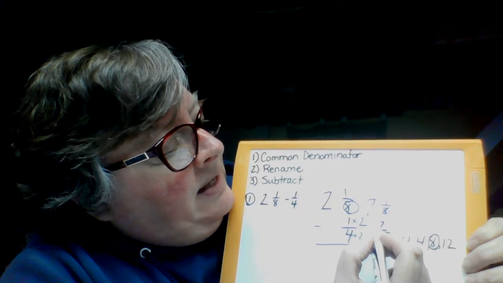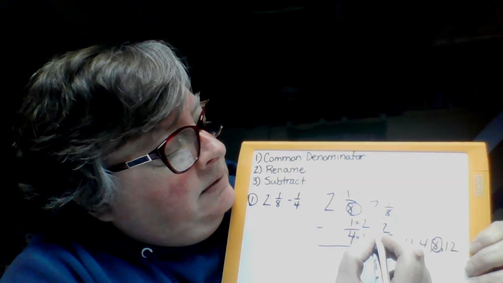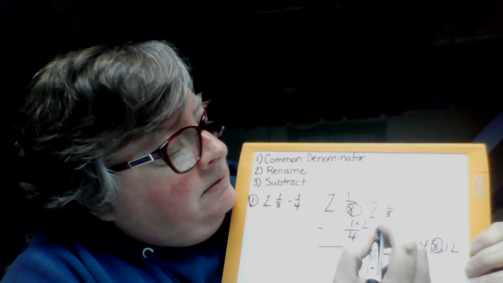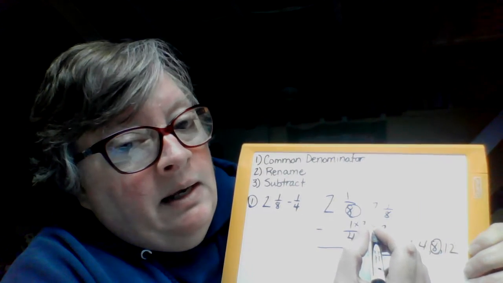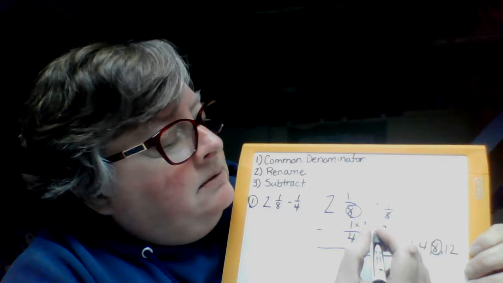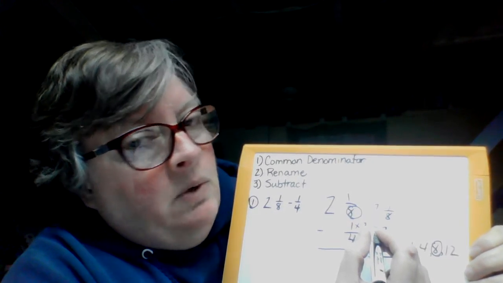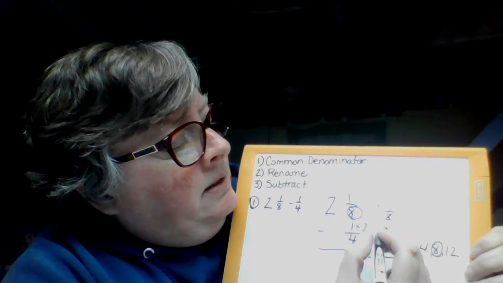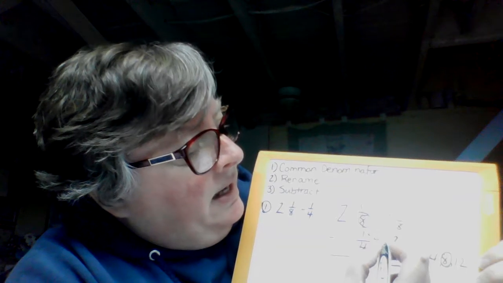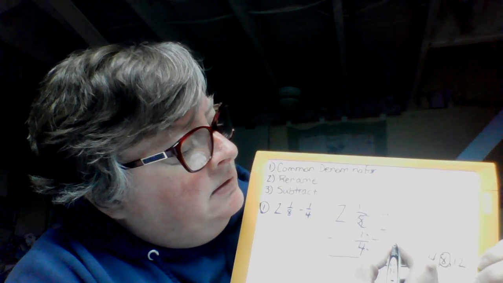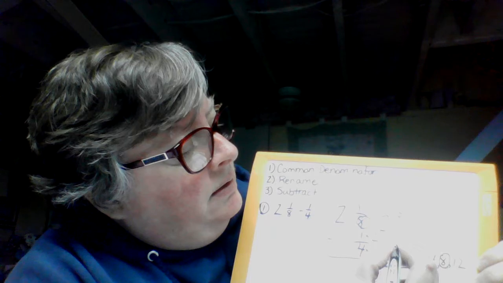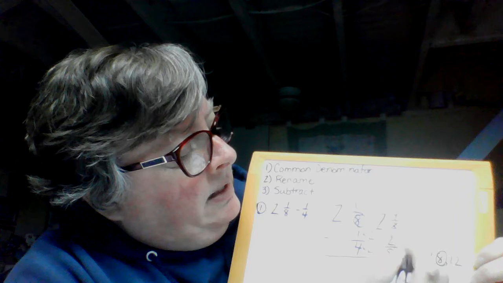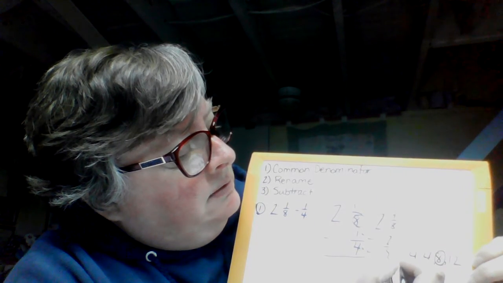So we know that this 2 right here is 8/8 and 8/8, 16/8, because 8/8 is 1 and another 8/8 is 1. So I'm going to take 8/8 out of this 2 and give it to this. So that would make it 9/8, and this would be 1 9/8 minus 2/8.